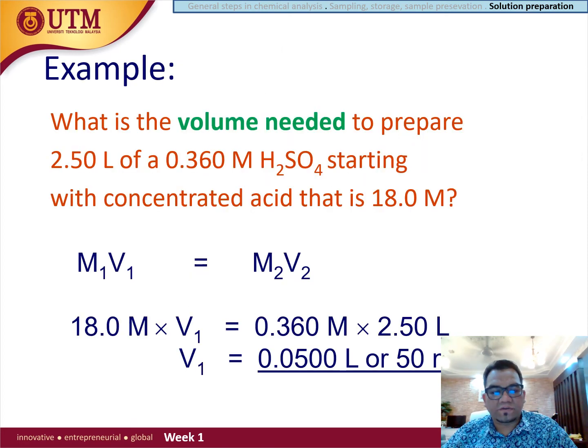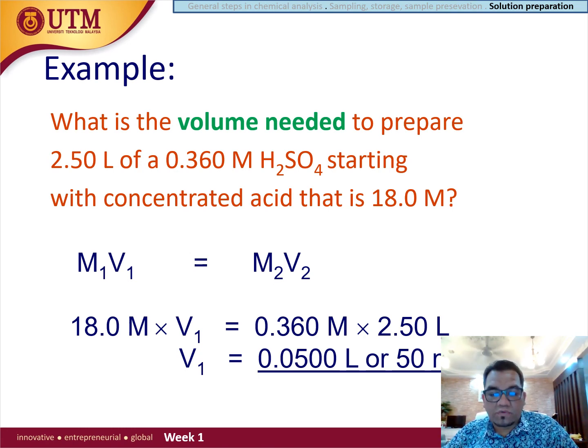Let's see an example. What is the volume needed to prepare 2.5 liters of 0.36 molar sulfuric acid, starting with the concentrated acid that is 18 molar? So we have M1V1 = M2V2. The initial concentration is 18 molar, so M1 is 18 molar.